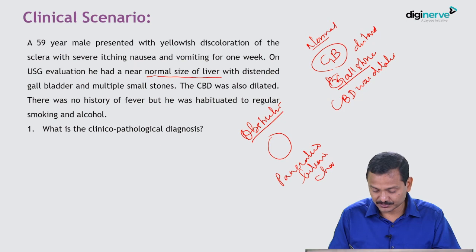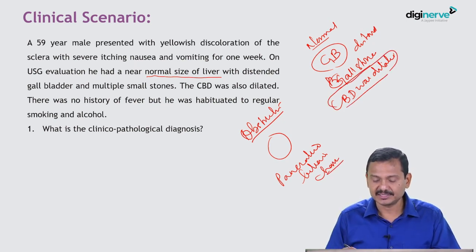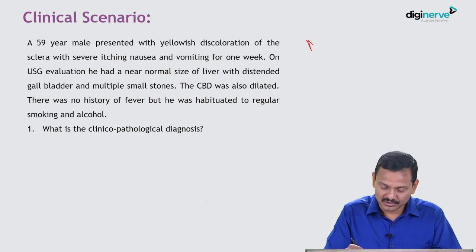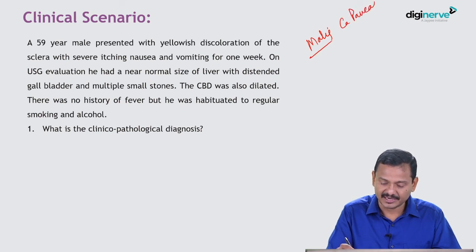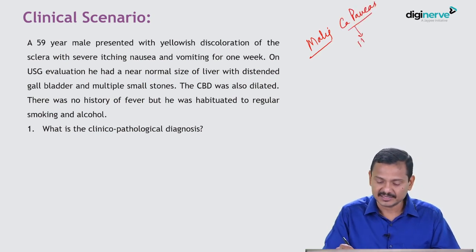Okay, so there is an obstruction somewhere which is causing the dilatation of CBD, and the obstruction most commonly encountered is because of malignancy, that is carcinoma pancreatic head. Okay, carcinoma pancreas, that too in the head, and the second is gallstone obstruction.